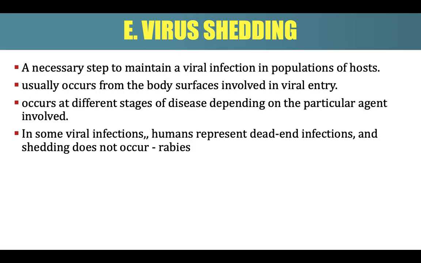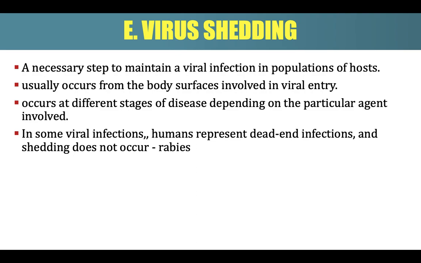The last one is virus shedding. For virus shedding, the last stage in pathogenesis is the shedding of the infectious virus into the environment. After replication, the virus will try to go out of the host cells and find a new host for a new replication cycle.